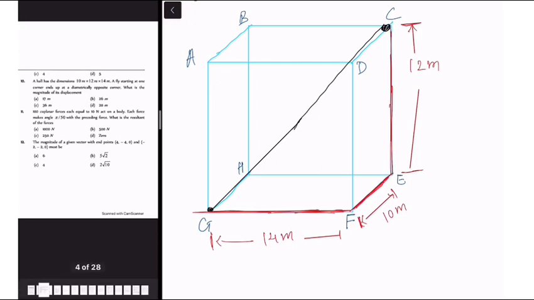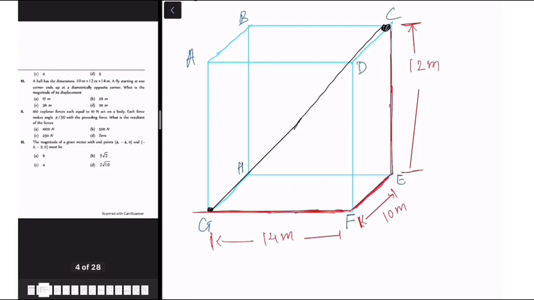In displacement, always remember that only the final and initial position matter. Path does not matter. So whatever path you select, you will get the same displacement.